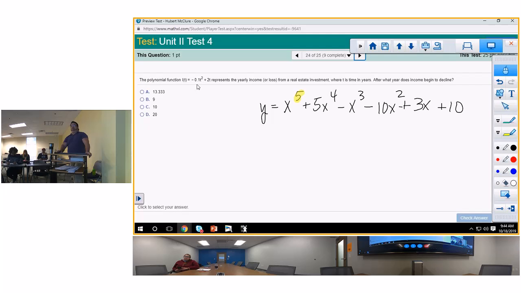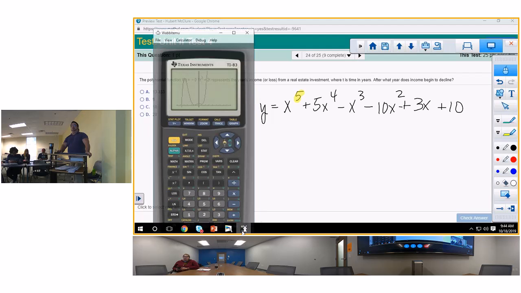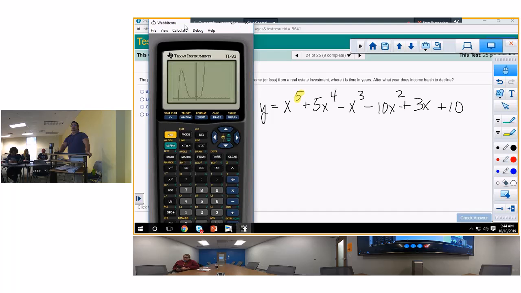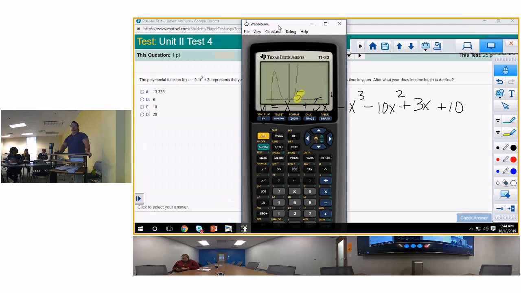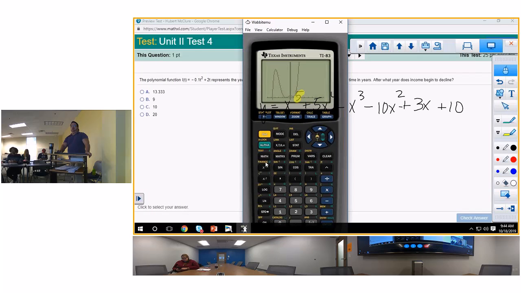Polynomial function. Here they want you to find the vertex, and this is a calculator question, so type it in. Let me move this over so you can write it down. I'm going to clear all this.